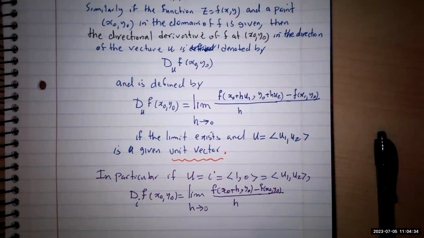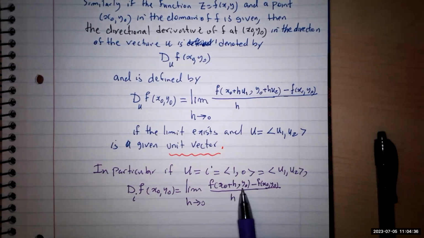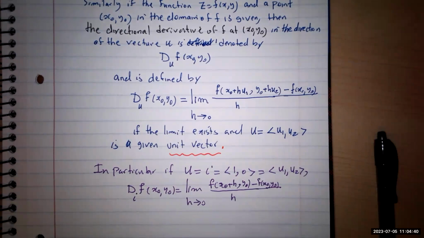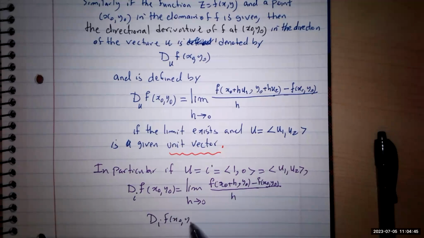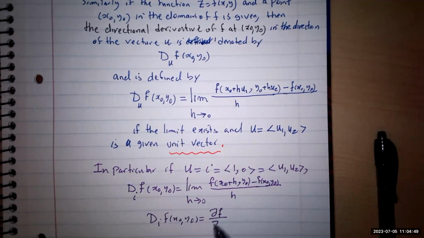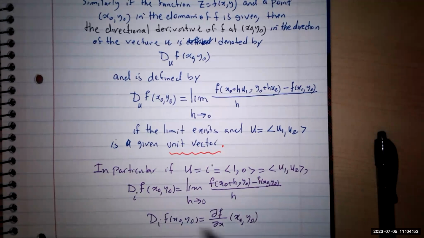Look at this one. The second component is fixed, and you just apply the definition on the first component only. So this directional derivative in the direction of i is simply the partial derivative of f with respect to x at the point x0, y0.